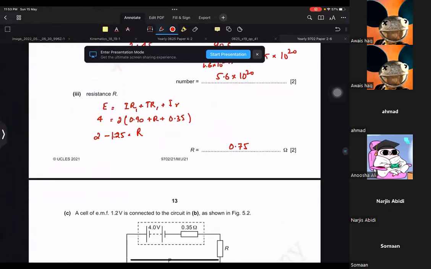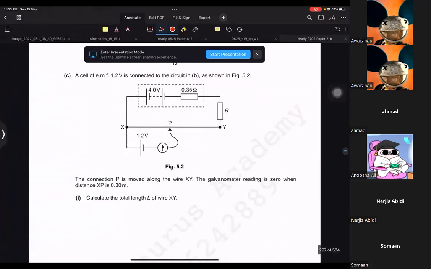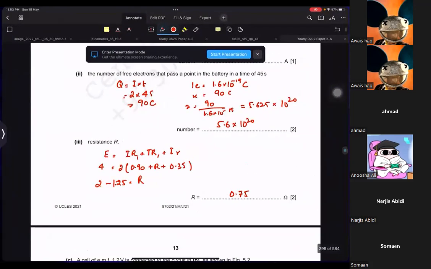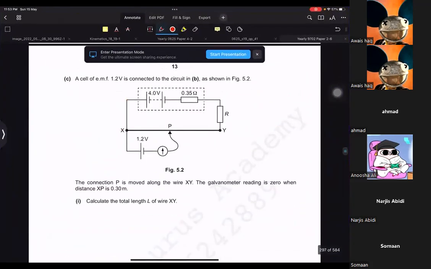Okay, that's pretty simple. Then potentiometer. So this means that it is a null point when this length is 0.30. So this is the total length.